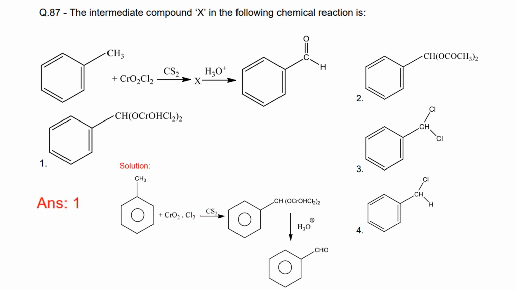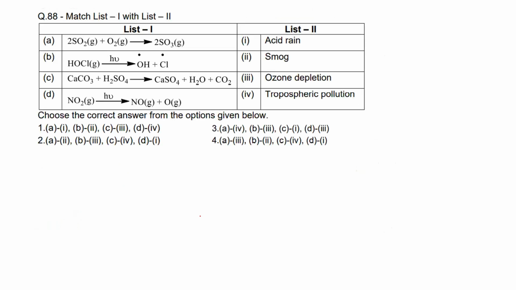So compound X is option 1. So the correct answer is option 1 only. Right, guys? So question number 87, answer 1. Next question, question number 88. Again, matching: 2SO2 plus O2 gives rise to 2SO3.